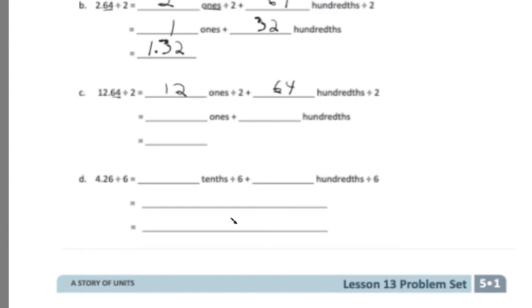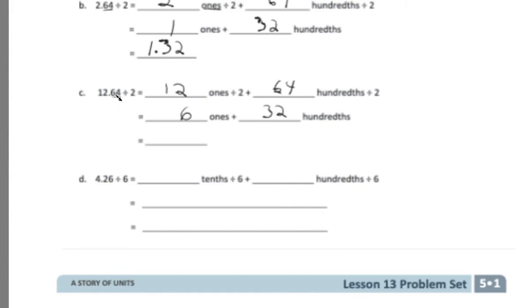All right, now let's do the math. 12 ones divided by 2. What's 12 divided by 2? Well, 2 times 6 is 12, so 12 divided by 2 must be 6 ones. 64 divided by 2, hey, that's the same one we figured up there. That's 32.